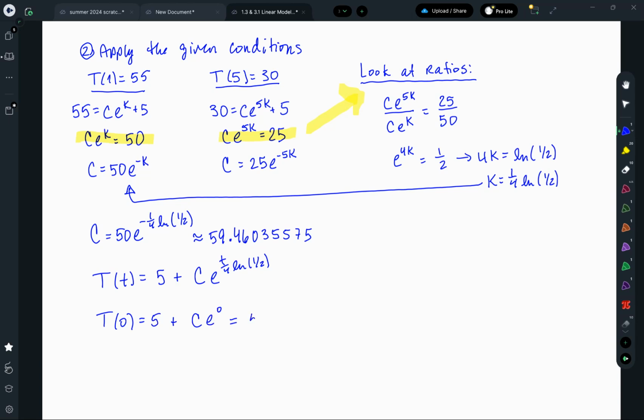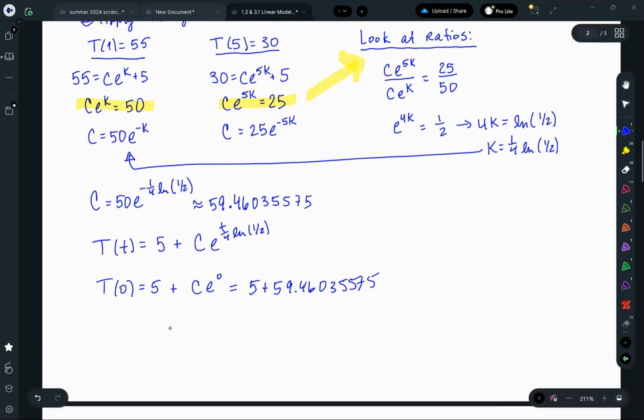Well, that's going to be 5 plus this 59.46035575, which means T of 0 is approximately 64.46 degrees Fahrenheit when we add those together. Okay, so that's saying that when the thermometer was in the room, it was measuring the room temperature and it was 64.46 degrees. Okay, that's all we're after here.